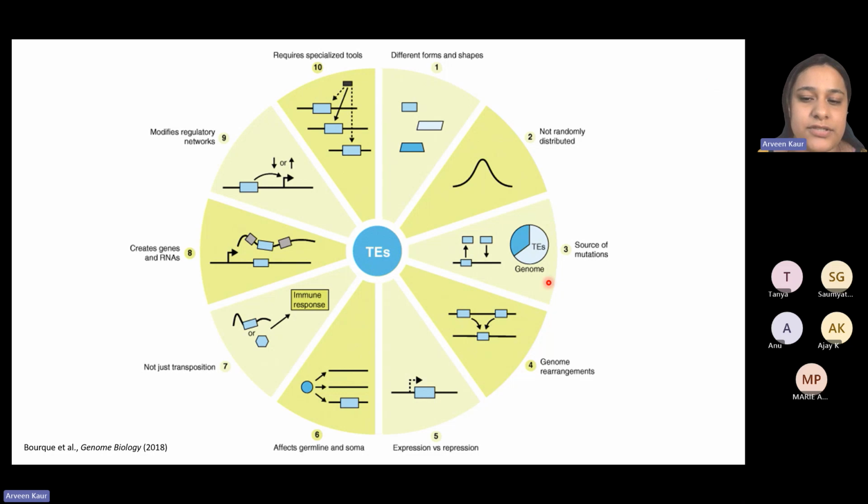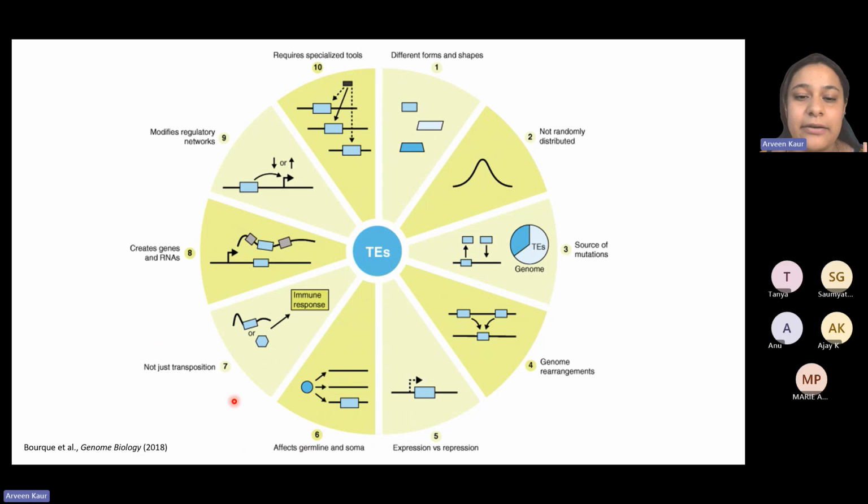They might be sources of mutations or genome rearrangements. They might lead to expression or repression of a gene where they are introduced. They affect both germline and somatic cells.